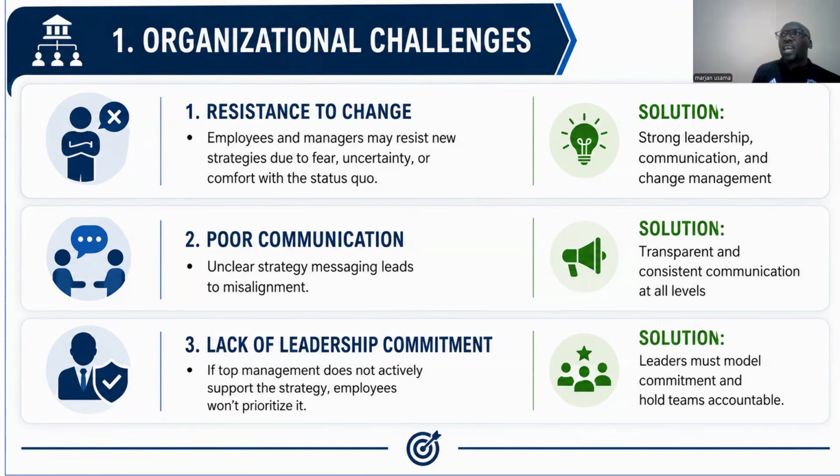But if the top management is not supporting the implementation, then it will not be successful. So leaders must model commitment and hold teams accountable. So it always starts with the leaders. They need to be a good example. If they are a good example, then it will be translated down there.